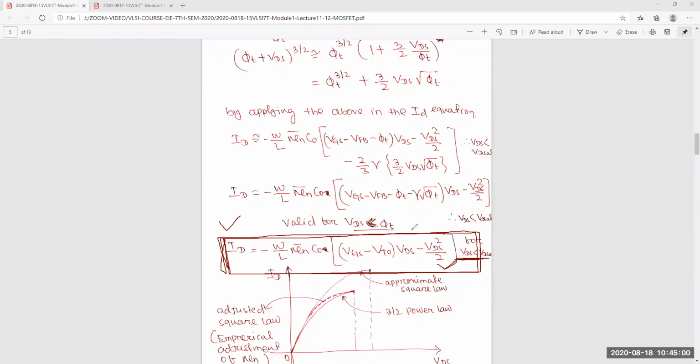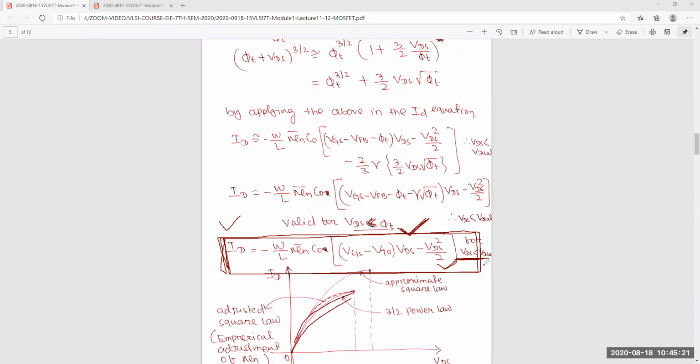Okay, so generally this equation is the current in the linear region. This is the linear region, up to this point, this part is linear. So we are saying VDS less than VD sat.